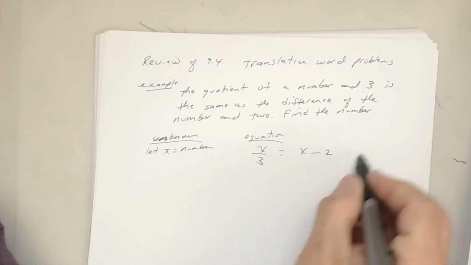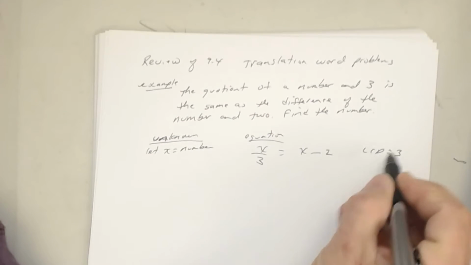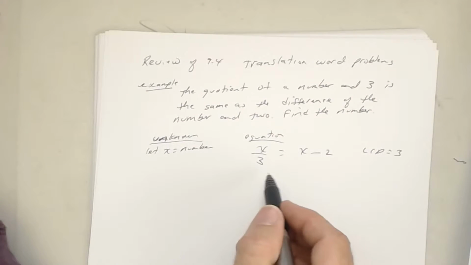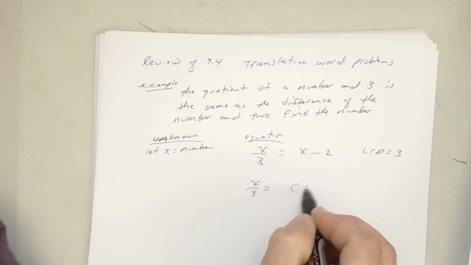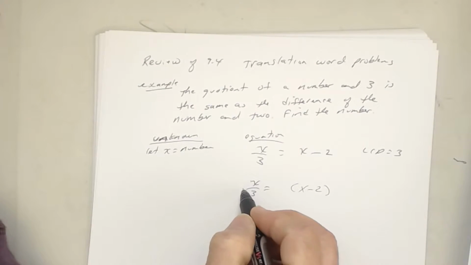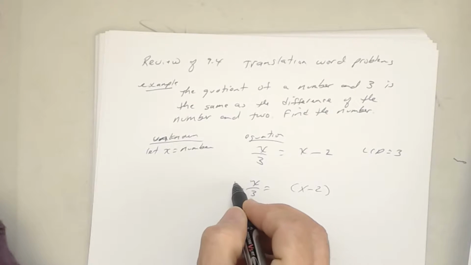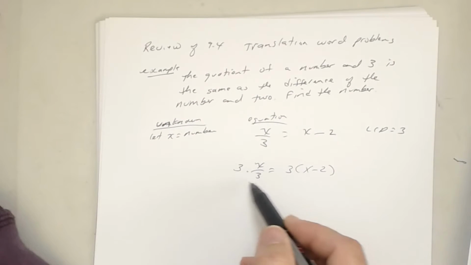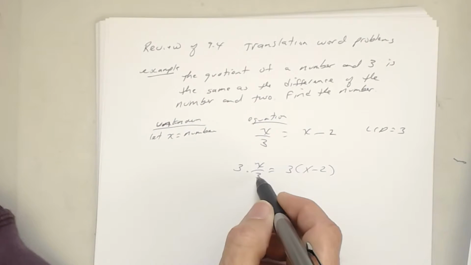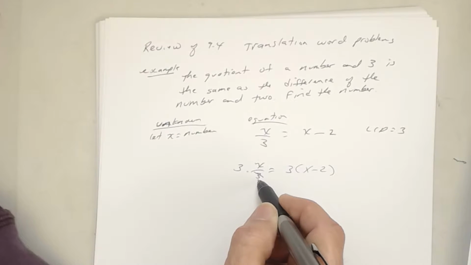All right, so the LCD is 3, remember? Put that in parentheses, and each of those sides has to be multiplied by 3. What you do to one side, you do to the other. Remember, the whole purpose of multiplying by the LCD is to get rid of this denominator 3 right here. And you do, because 3 into 3 is 1.